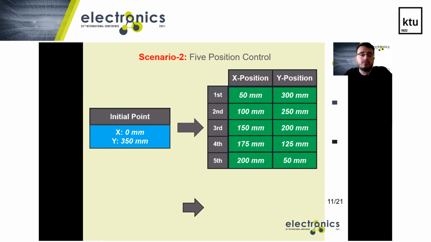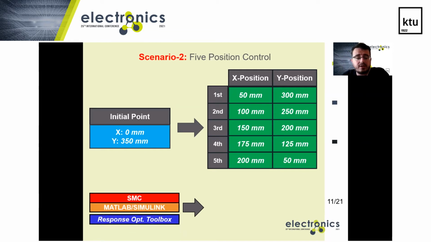For scenario 2, again, the initial position is the same, but in this scenario, we wanted to make it a bit more difficult for the robot movements. We defined 5 different positions, as you see in the table. For this one, we used only sliding mode controllers.